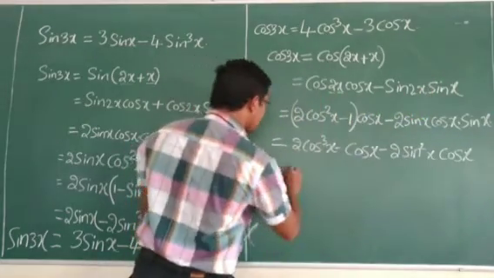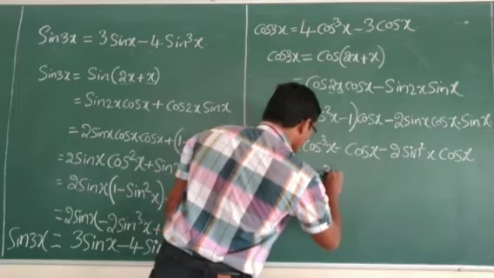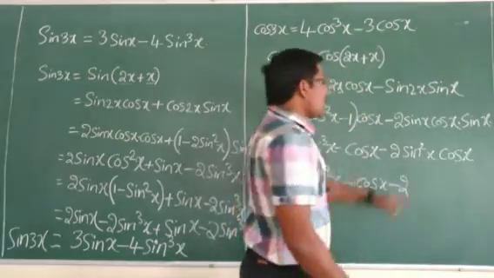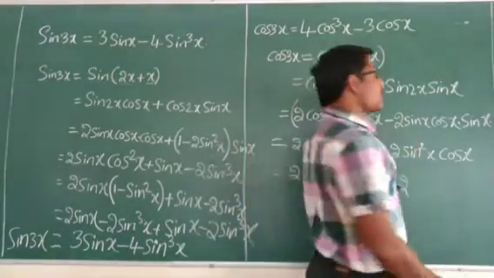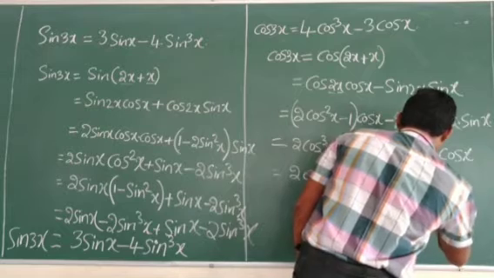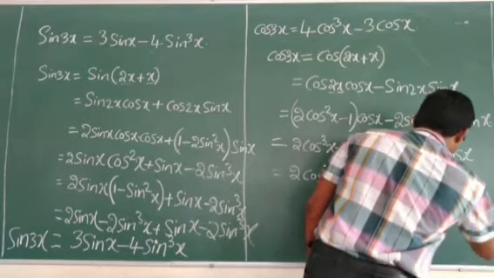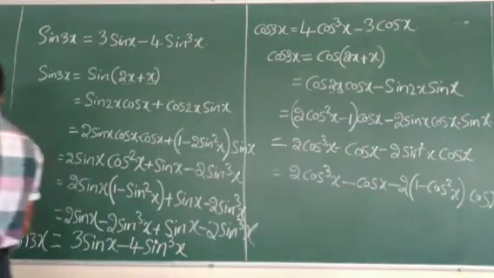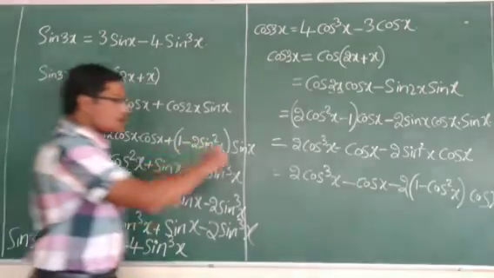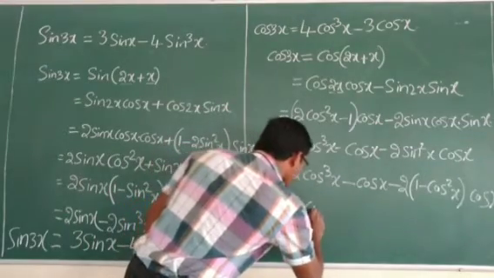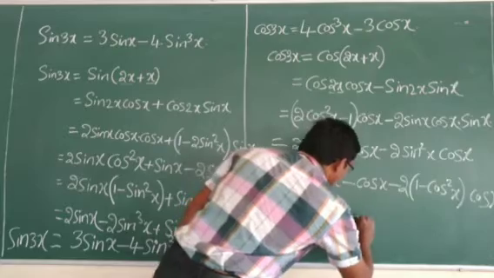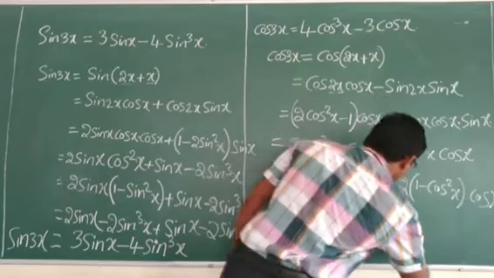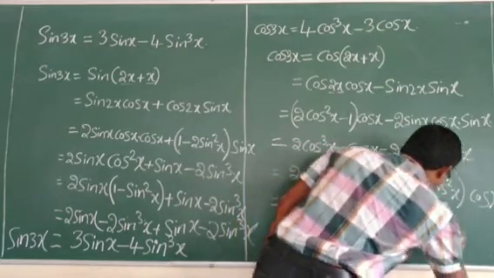So this is equal to 2 cos cube x minus cos x minus 2. Again this sin square x we will convert in terms of cos, that is 1 minus cos square x, into cos x. Now remove the bracket, we get 2 cos cube x minus cos x minus 2 cos x into 1 minus cos square x.